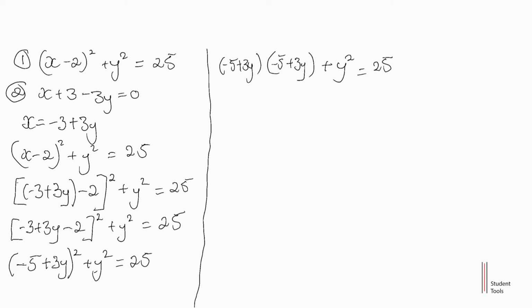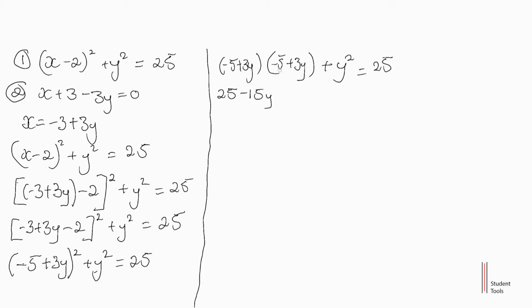Now let us expand these brackets. Negative 5 multiplied by negative 5 is a positive 25. Negative 5 multiplied by positive 3y is −15y.